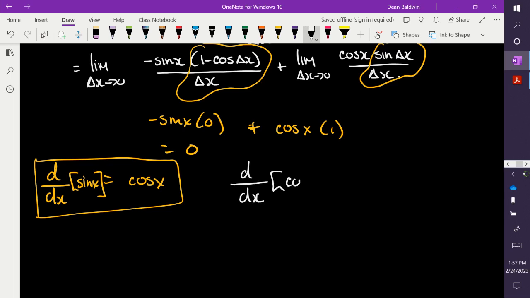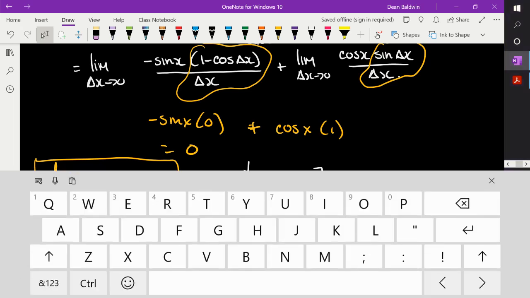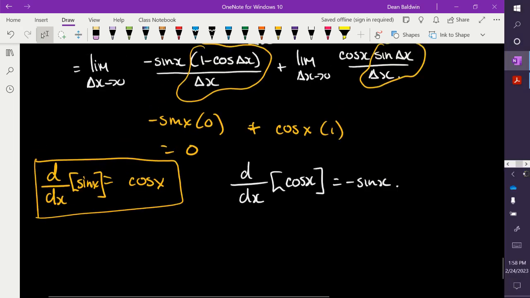What's the derivative of the cosine function? It would be nice if it was that. It's negative sine x. All right. The derivative of the sine function is cosine. The derivative of the cosine function is negative sine of x.